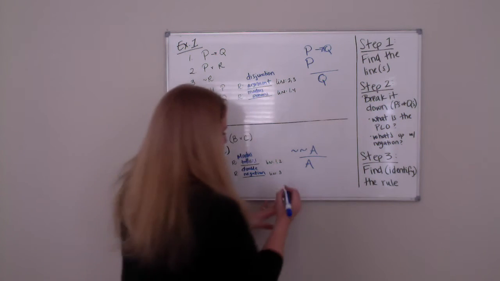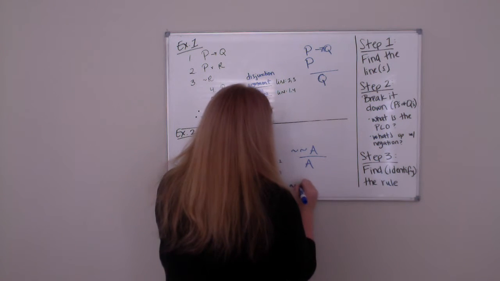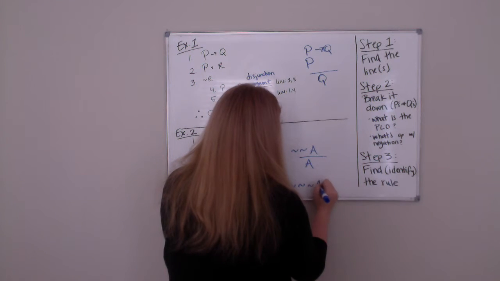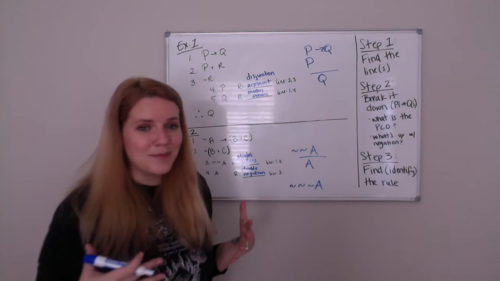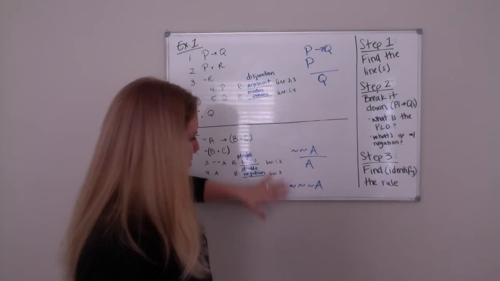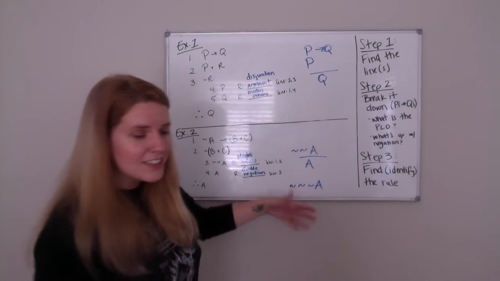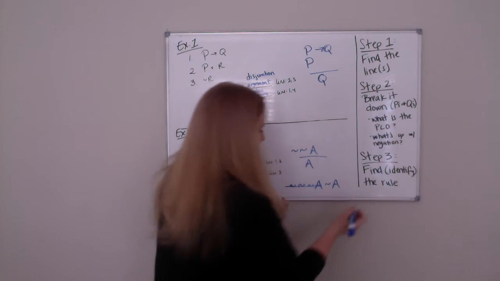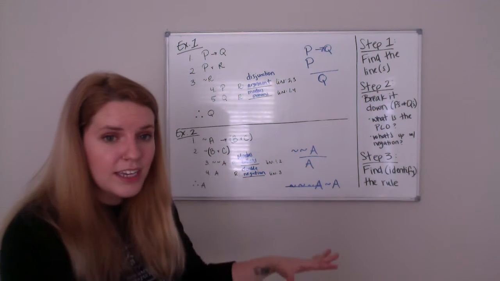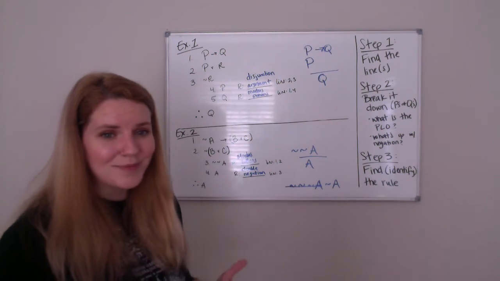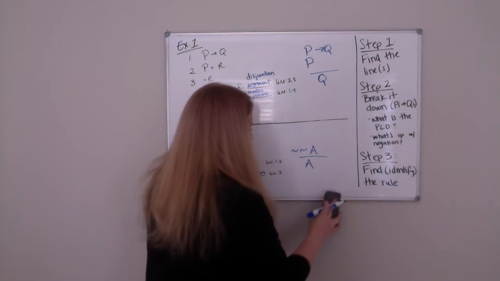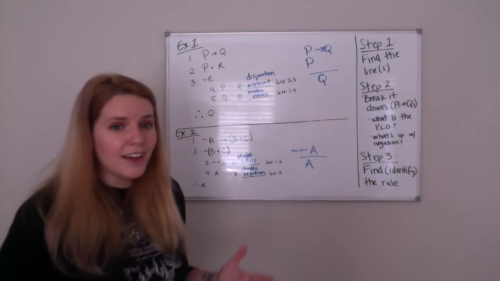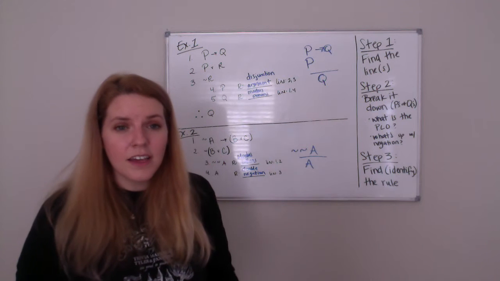Okay, and that would also be the same if you ended up with some really complicated step where you had 3 negations. You can simplify that to just 1 negation. So 2 negations cancel each other out. You will not see something with 3 negations on your exam.